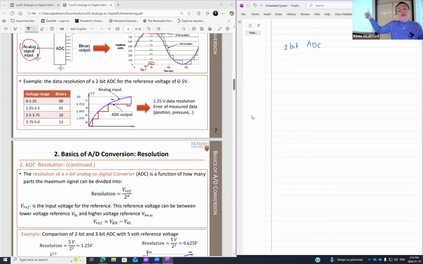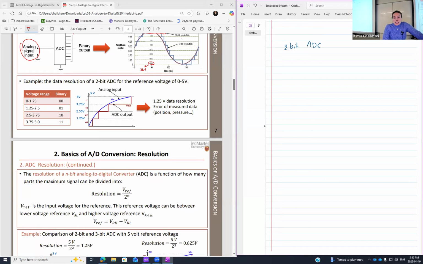Any way that you can do manual calculation. If it is electronic devices, easy. You don't need to take a picture or anything. Just quickly save it as a PDF and upload it to Avenue. If you are writing on paper, just take a picture, no difficult time, and upload it on Avenue. That one will be in addition to your quiz.